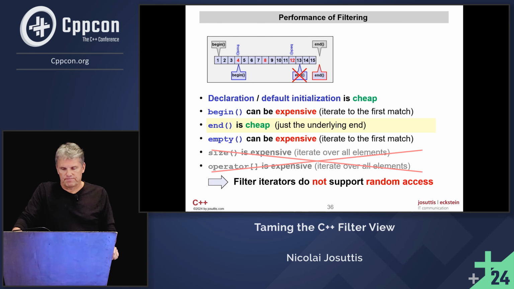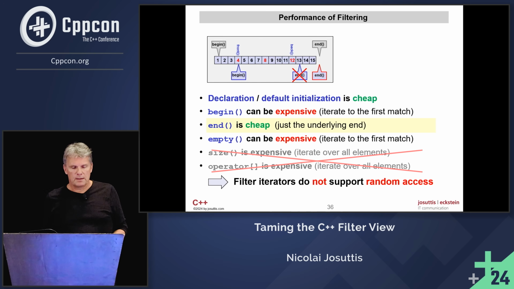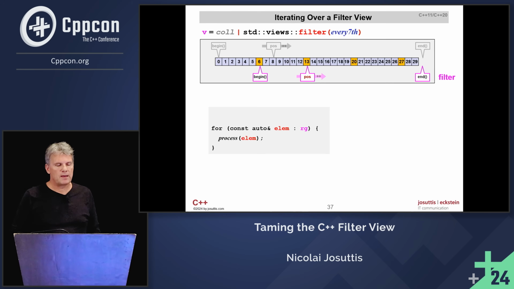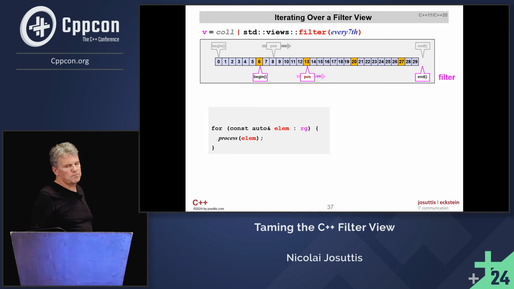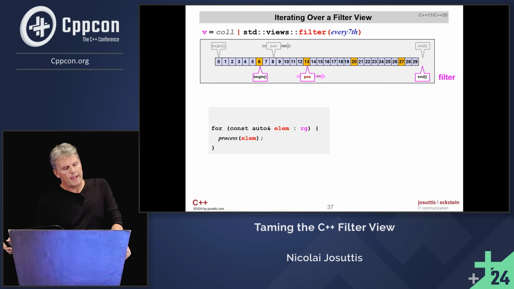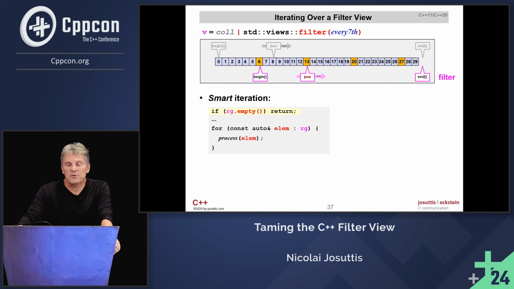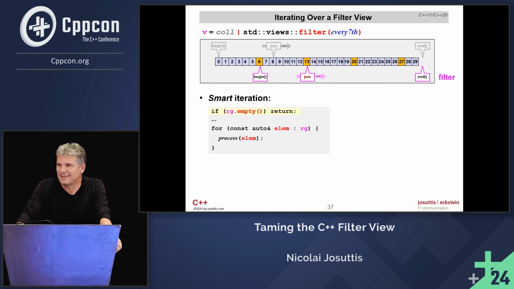Okay. Good. Empty roughly does the same as begin. So if we have that, and we do something like this, we say, let's wait a minute, let me now iterate from begin to end. End is just the position at the end. And now let's make an optimization. I call this a smart iteration, where I say, if the range is empty, return. Do nothing.